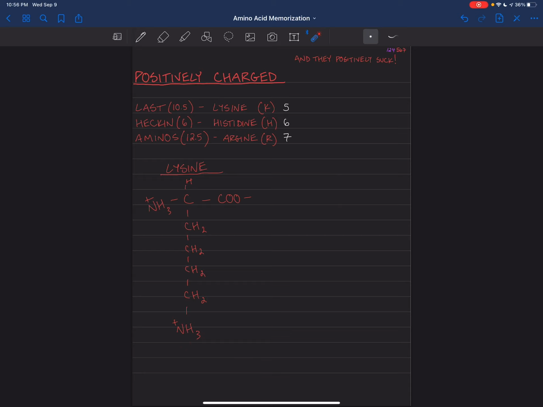Now, to get from lysine to arginine, we are going to skip histidine. Histidine is hell. It goes down in history as the toughest to draw. So we are going to go to arginine, okay? And to get from lysine to arginine, here's what happens.